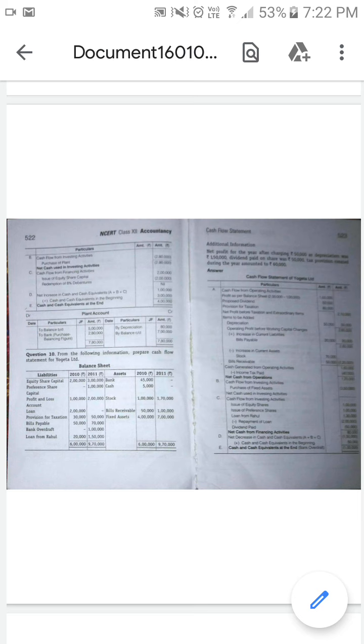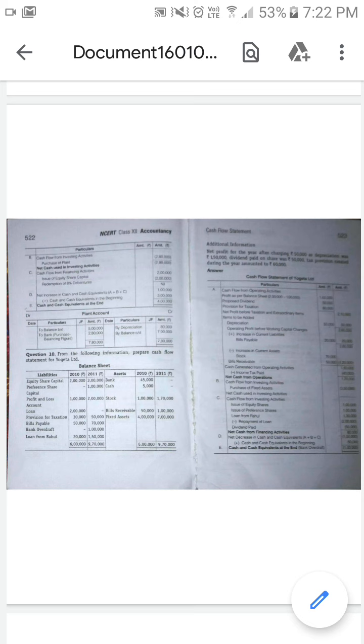In certain sums, the net profit before tax and extraordinary items amount is given directly, but in certain sums the amount is not included in the problem. So we have to use the information and find that amount of net profit before tax and extraordinary items.